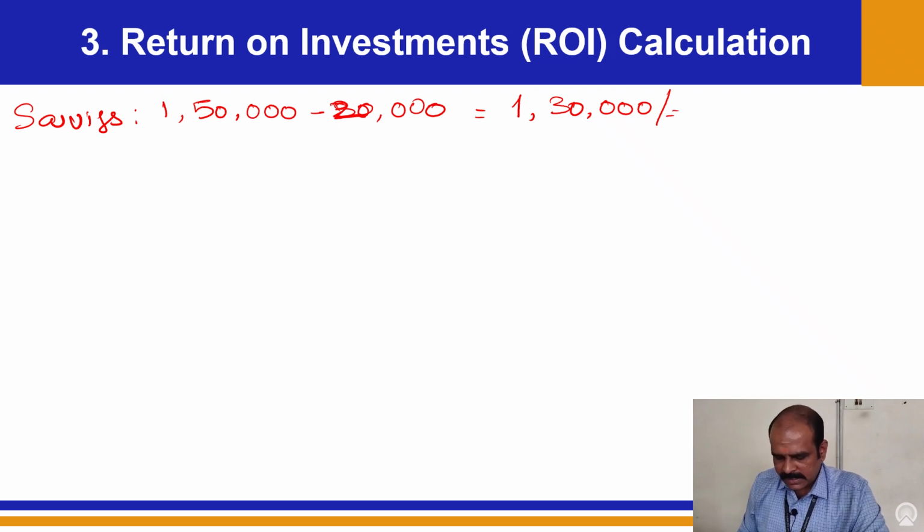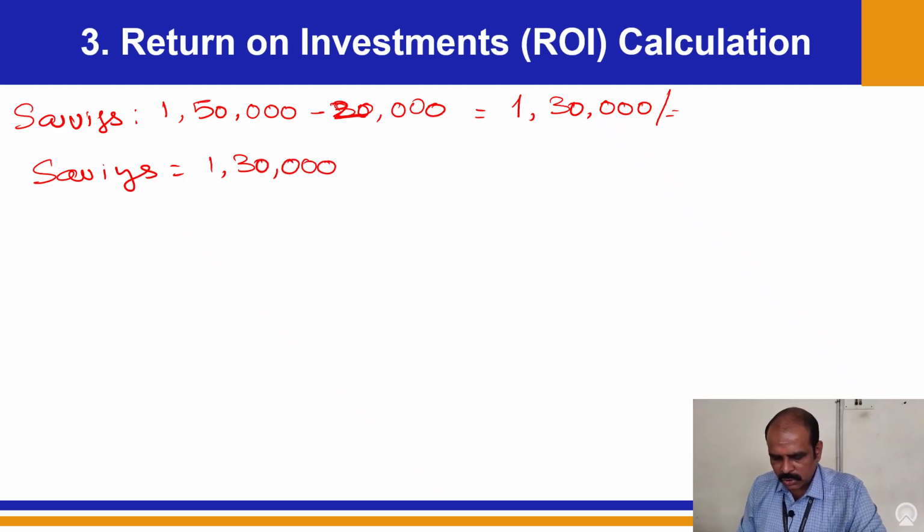Then the total net saving is 1.3 lakhs, and this is for 1 year. The given duration is 10 years, so the total saving is going to be 13 lakhs.